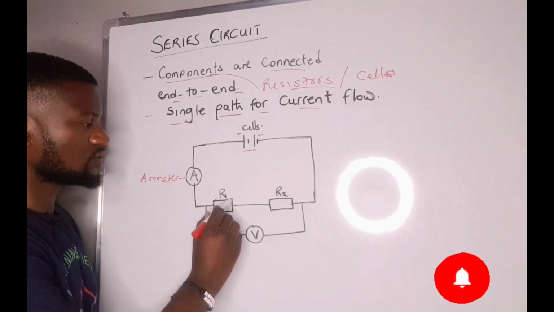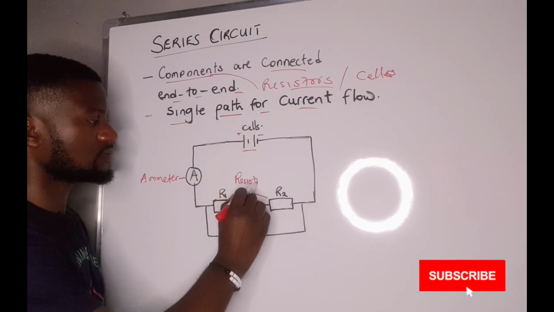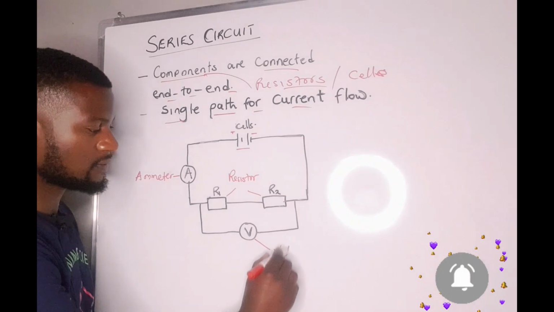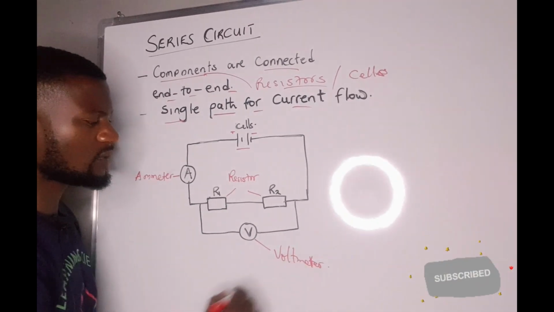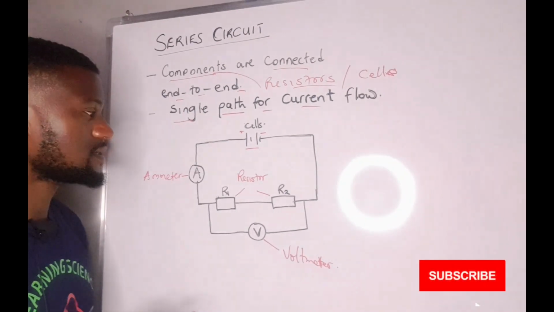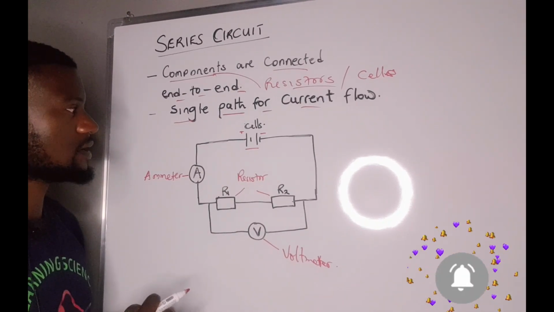Then we have these two, which we are calling the resistors. Then we have the voltmeter, which is used to measure voltage.